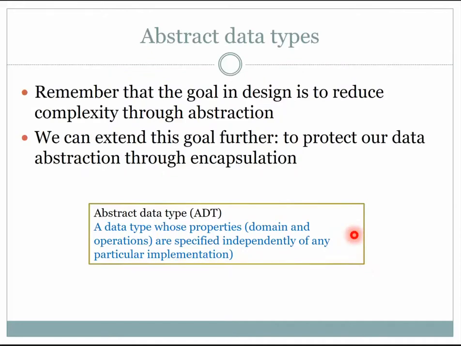Okay, so bila kita ingat balik, the goal in design is to reduce complexity through abstraction. So, macam bila design kereta, kita seboleh-bolehnya nak hide implementation details from the driver. So, the driver just have to see what they have to see.